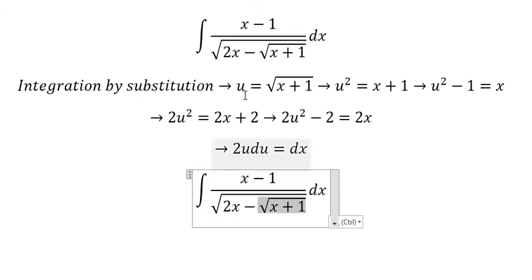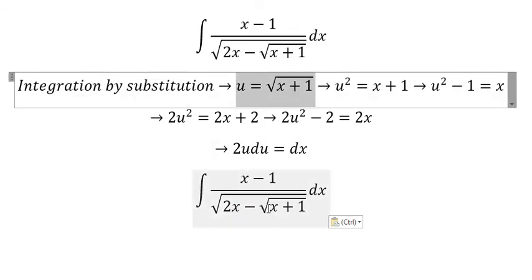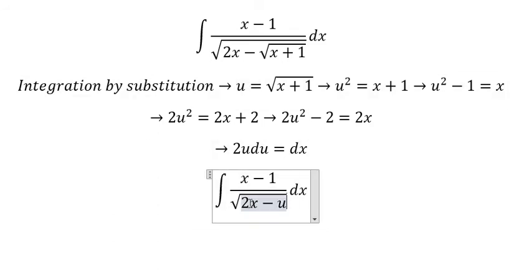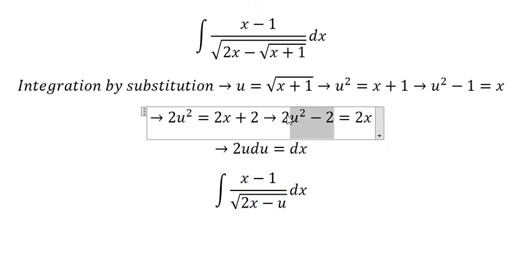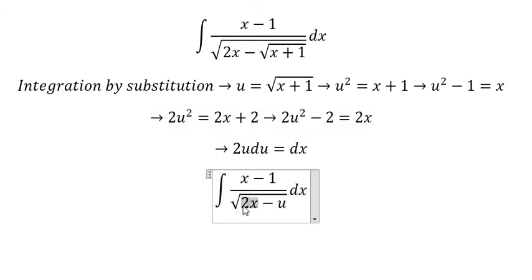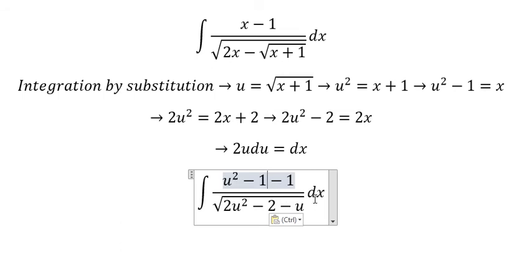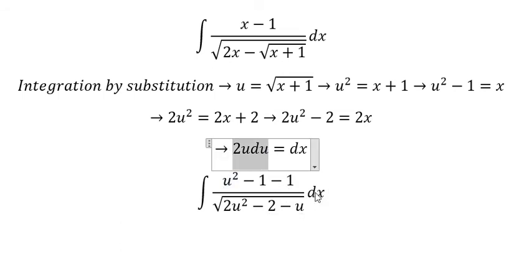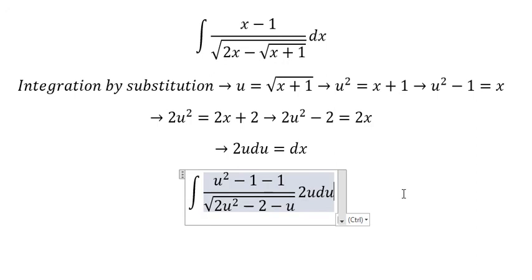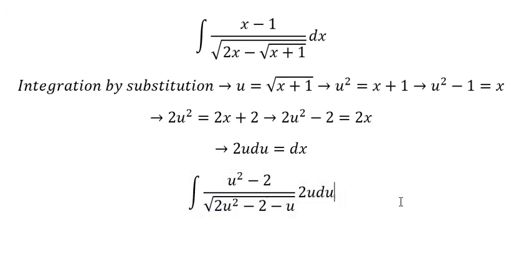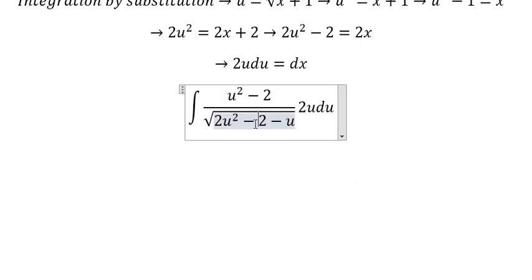This one we change for u. 2x we change for this one. x we change for u squared minus 1. dx we change for this one. This one you got negative number 2. This one we put negative u, negative number 2.